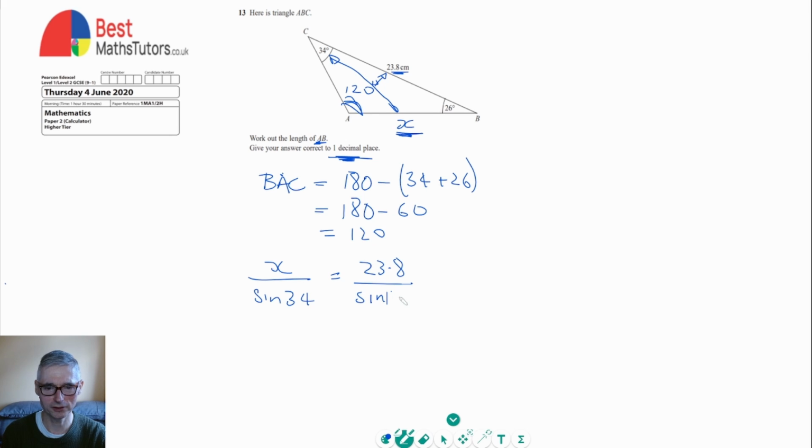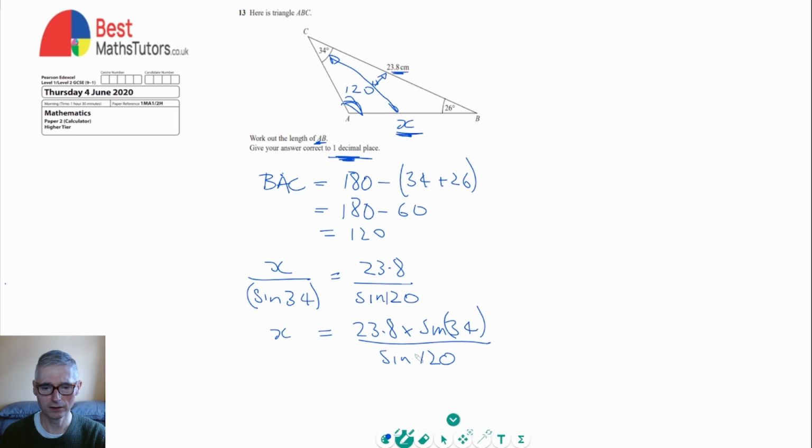We could do calculations at that stage, but we're going to make it easier by multiplying both sides by sine 34, which gives us X equals 23.8 times sine 34, over sine 120.